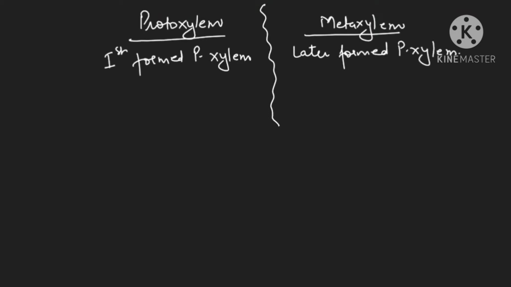Is it clear? Another difference you can find with respect to the different types of thickening which are present. See here, let us assume this is your protoxylem. So here you are finding the thickening this way. Lignin deposition is occurring this way, in this pattern.